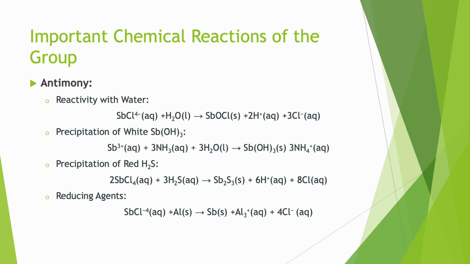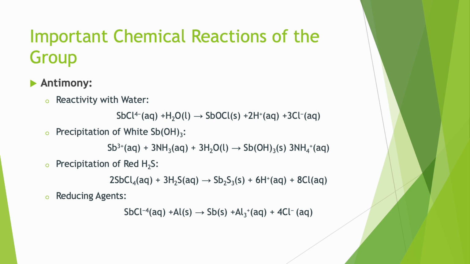For antimony, solutions of antimony chloride in hydrochloric acid, when added to excess water, form the basic white insoluble salt antimony oxychloride. Antimony reacts with aqueous ammonia to precipitate white antimony hydroxide.